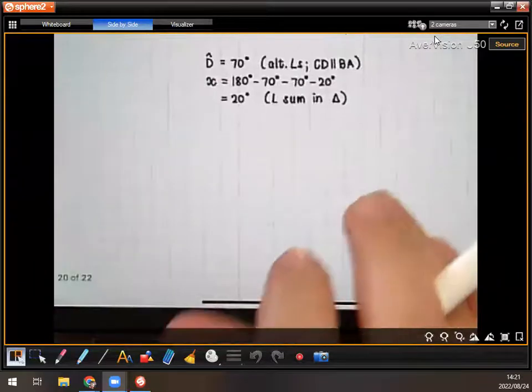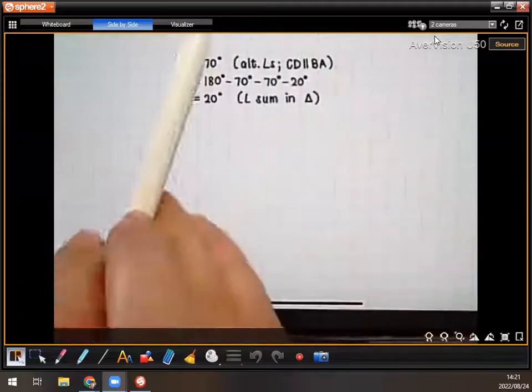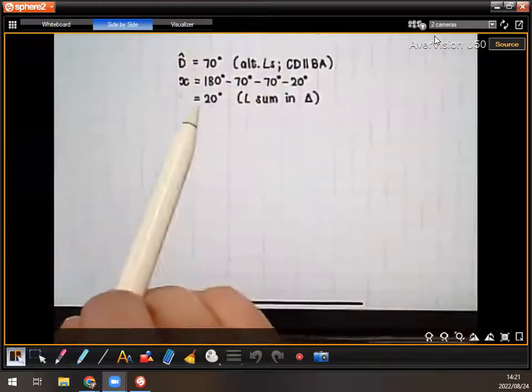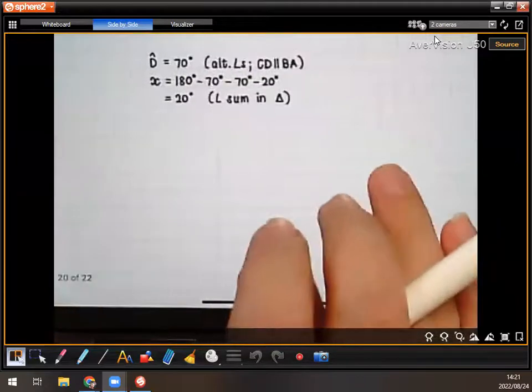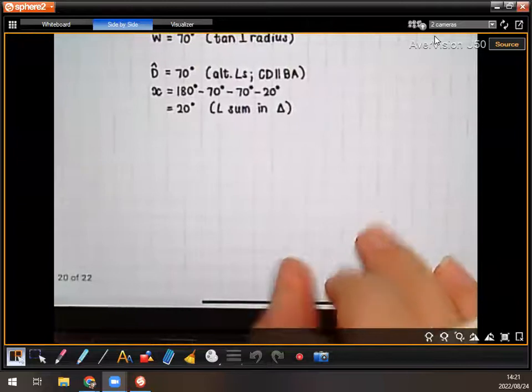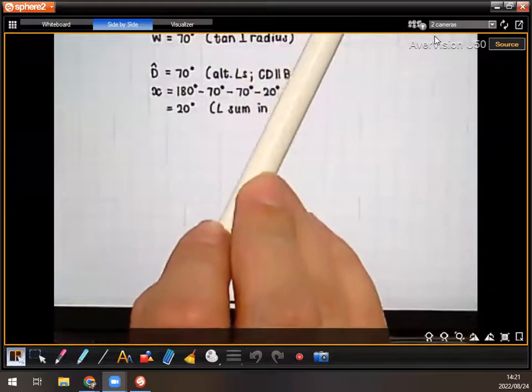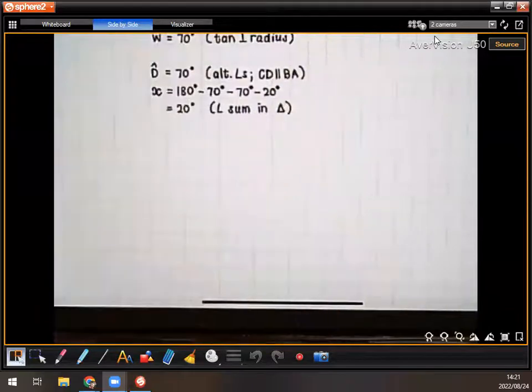Then for 20, I got v equals 70, w also 70, and then x equals 20. And then for the last one, which was 21, you just have to find y and z. I got y equals 84, and then z was 9. Yeah, I'll show you all the working for that tomorrow.